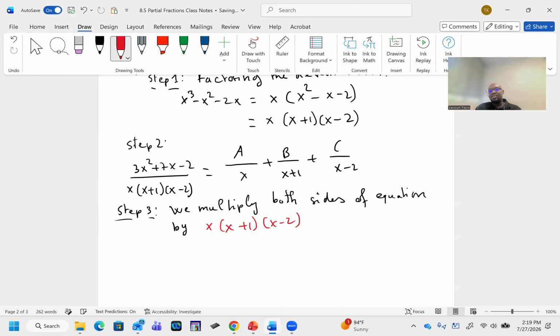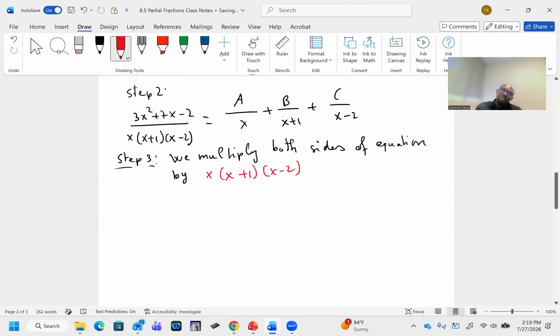So we'll multiply both sides by that. By doing so, what we are going to do, we said we'll multiply both sides by x times x plus 1 times x minus 2.